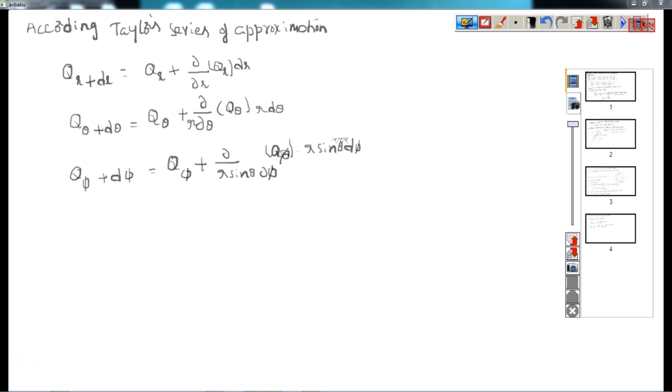Am I correct? So this is according to the Taylor series of approximation.